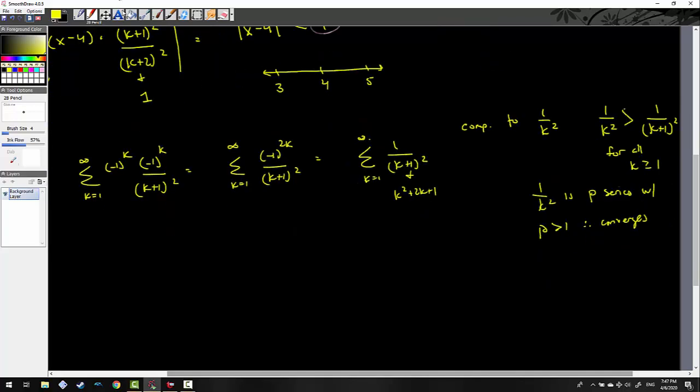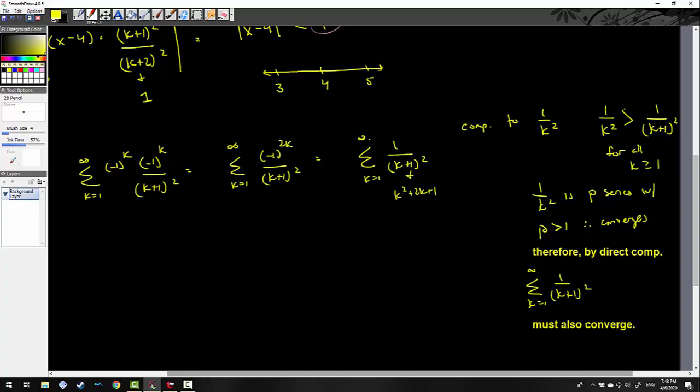Therefore, by direct comparison, the series must also converge. I'm going to leave a little more space so I can draw in the summation from k equals 1 to infinity of 1 over k plus 1 squared.